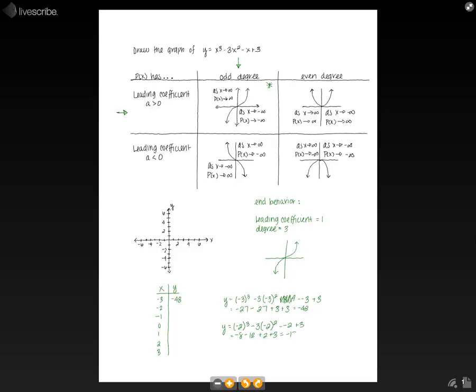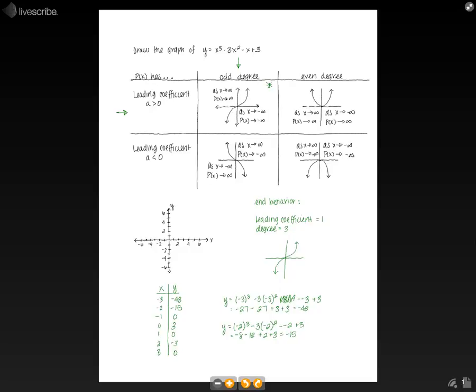And that's going to be equal to -15. So we're going to put that in our table. Alright, so I bet you can figure the rest of these out on your own, but I'm just going to fill in the table here. So -1, 0; 0, 3; 1, 0; 2, -3; and 3, 0.